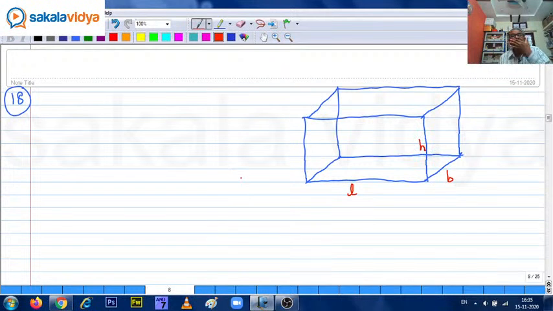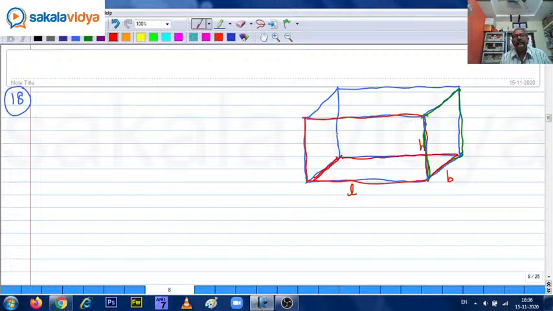This is a cuboid. Here adjacent faces means, take different colors. The area of this red color face is given, that means the area of this rectangle is given. Take another color, green color. Next, the area of this rectangle is given. Take another color, the area of this one is given.